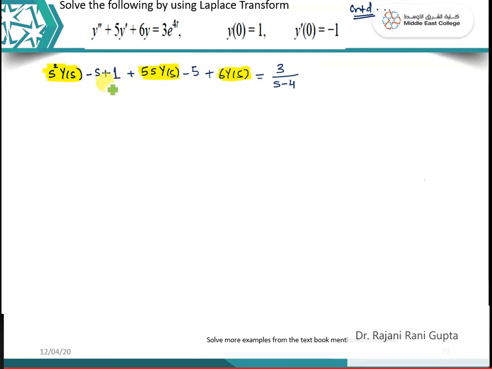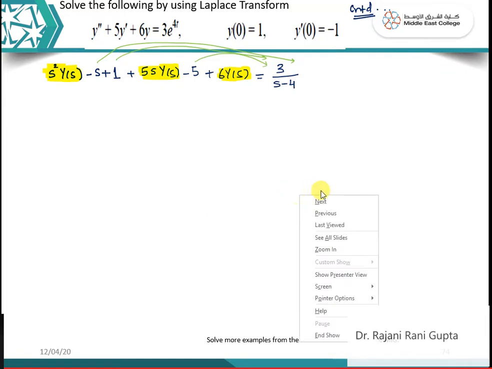So what are those terms? 5 will go to the other side, 1 will go to the other side, and even minus s will go to the other side. Okay, so let's see what we will get then.